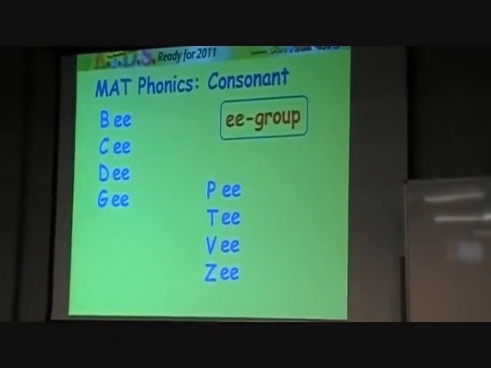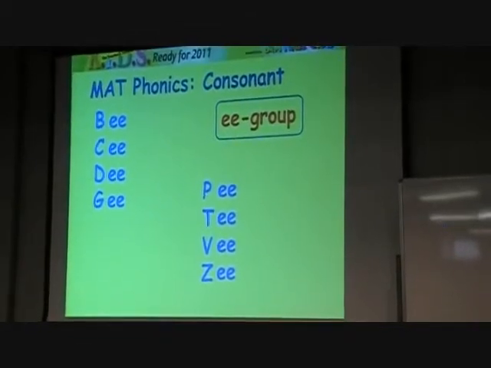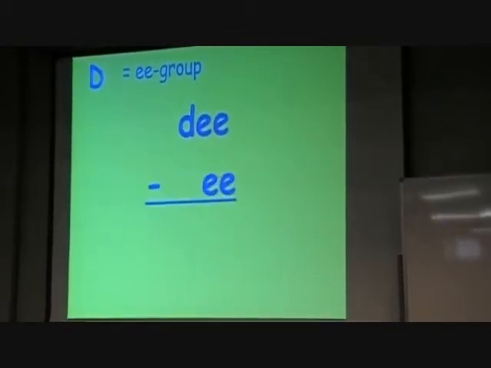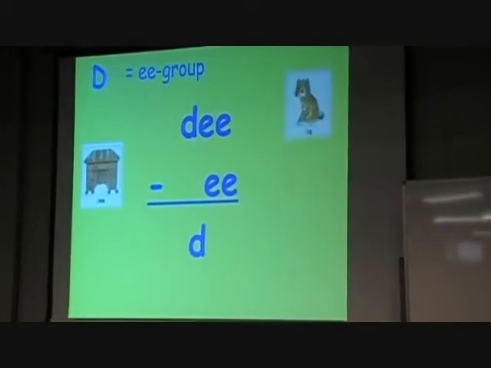That means that we're going to subtract the E sound from all the letters. How do you do that? Okay, so what's this? D. Which group is it? E group. Okay, because it has the E sound. Okay, D minus E is D. Yes, isn't that easy?